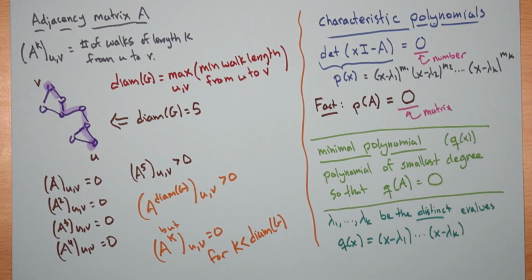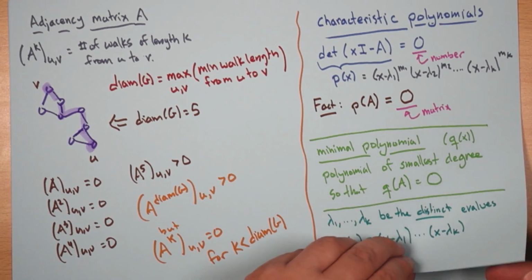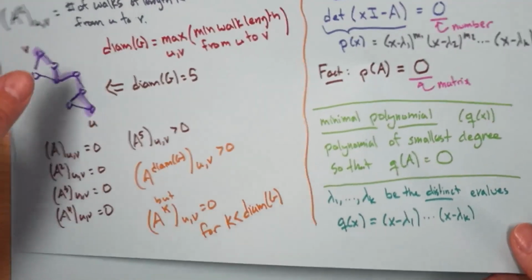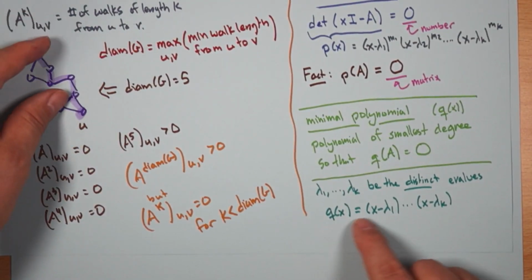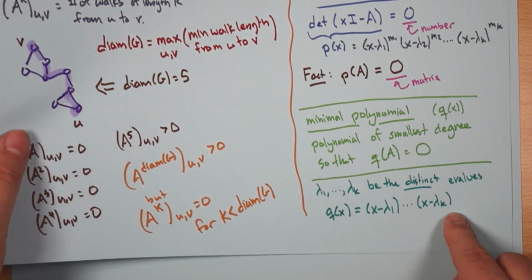So now we have our notion here of a minimal polynomial. Okay, well, how can we use that? Well, if we were to expand this out, what would it be? Well, this would be a polynomial of degree k.